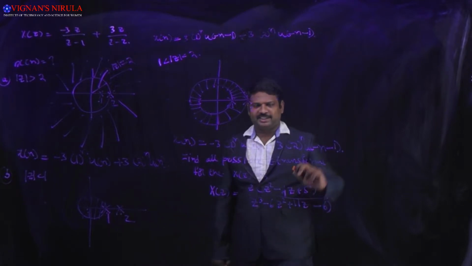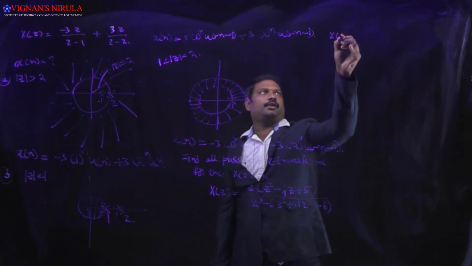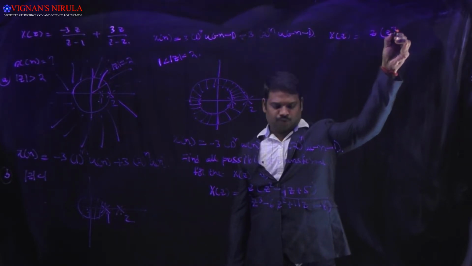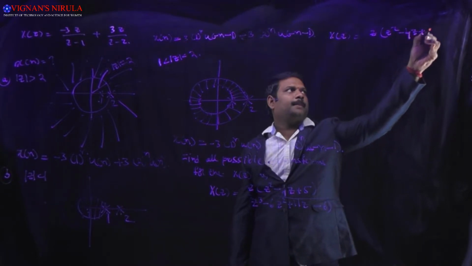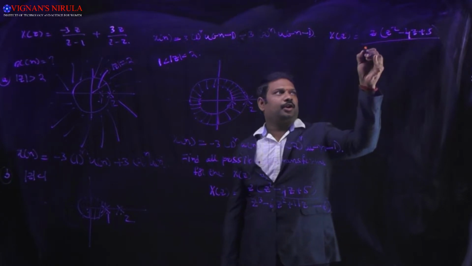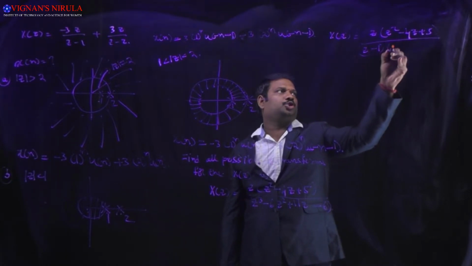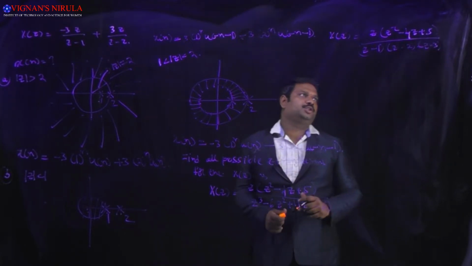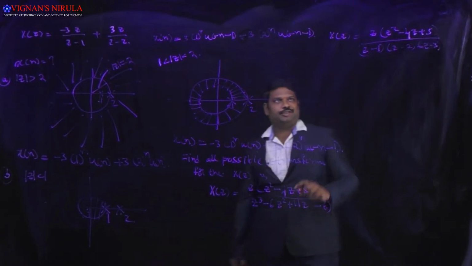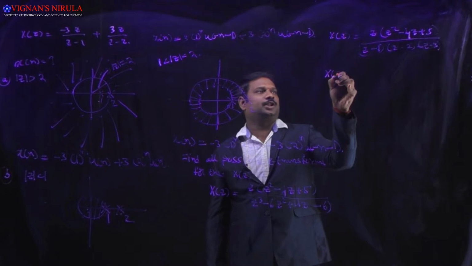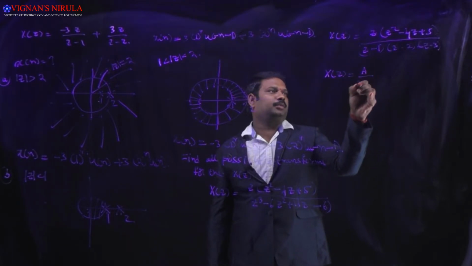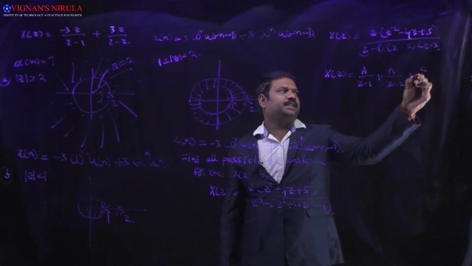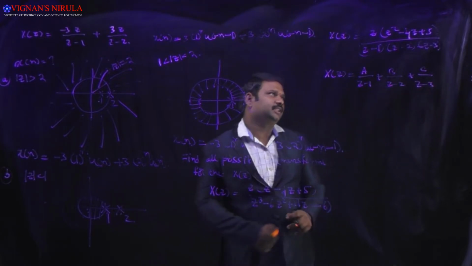Hence, for this x of z, when we find the roots of the denominator, we have the roots 1, 2 and 3. That's why I'm writing it as z minus 1 into z minus 2 into z minus 3. Therefore, x of z by z is equal to a by z minus 1 plus b by z minus 2 plus c by z minus 3.